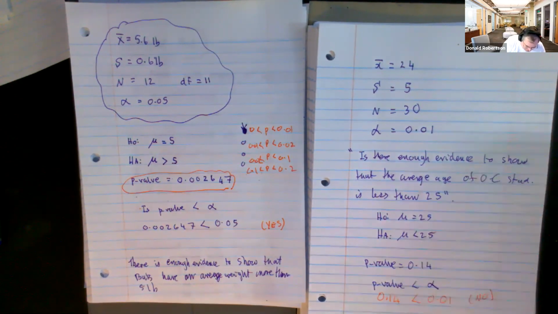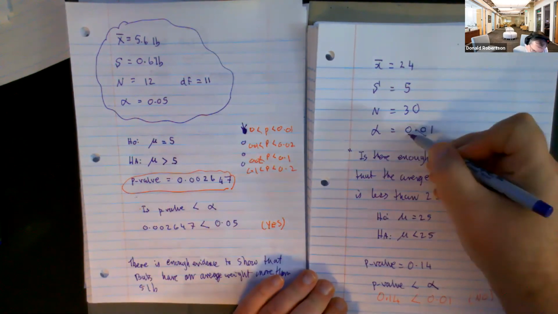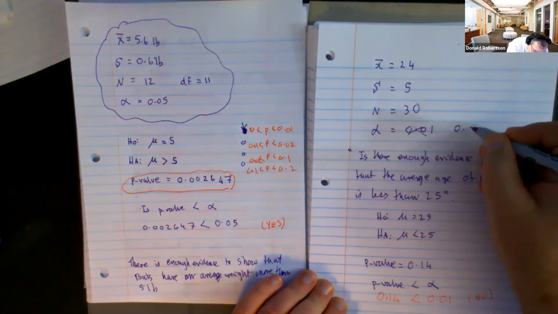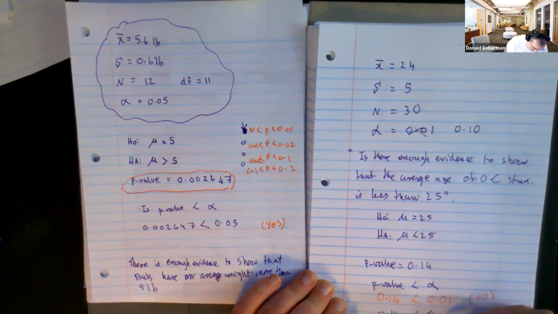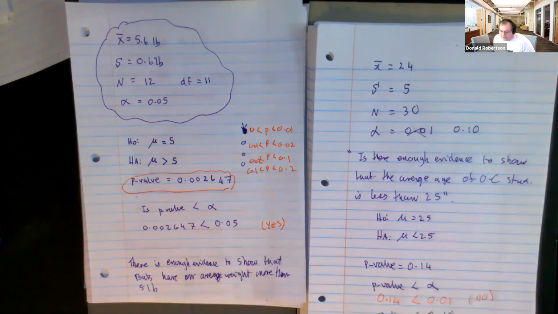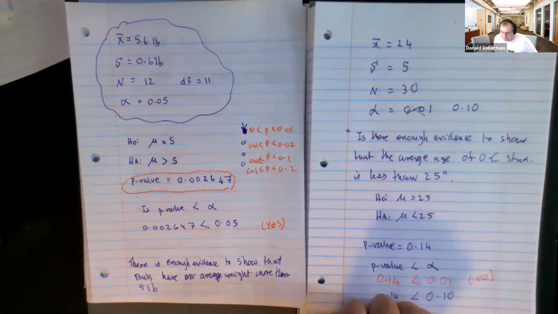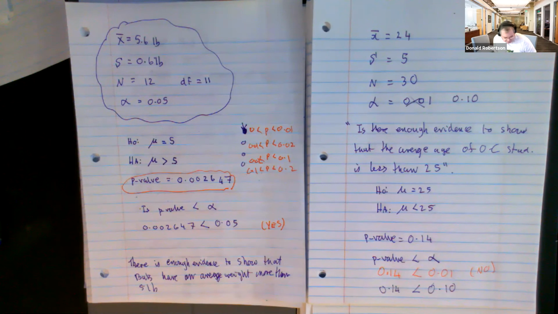If I decided that I didn't like that alpha, if I had decided that I was going to just use that one, would the answer still be no? Is my p-value less than this though?